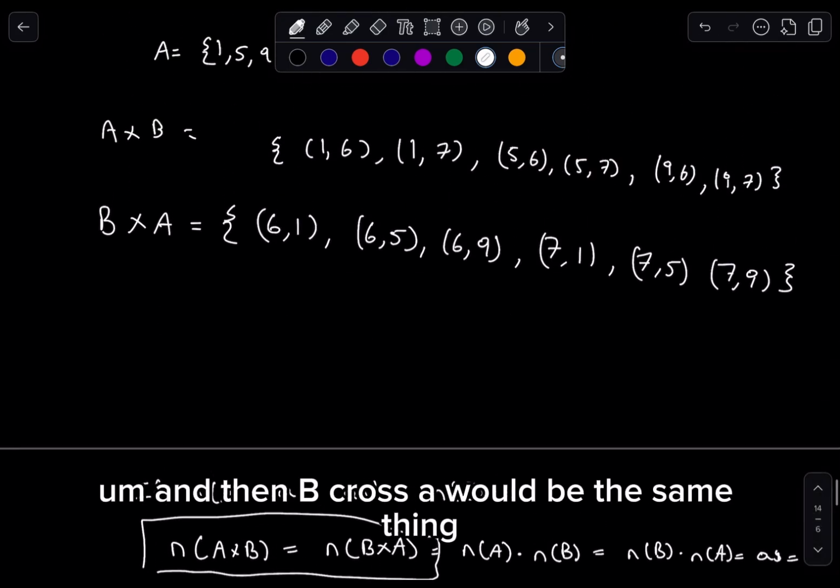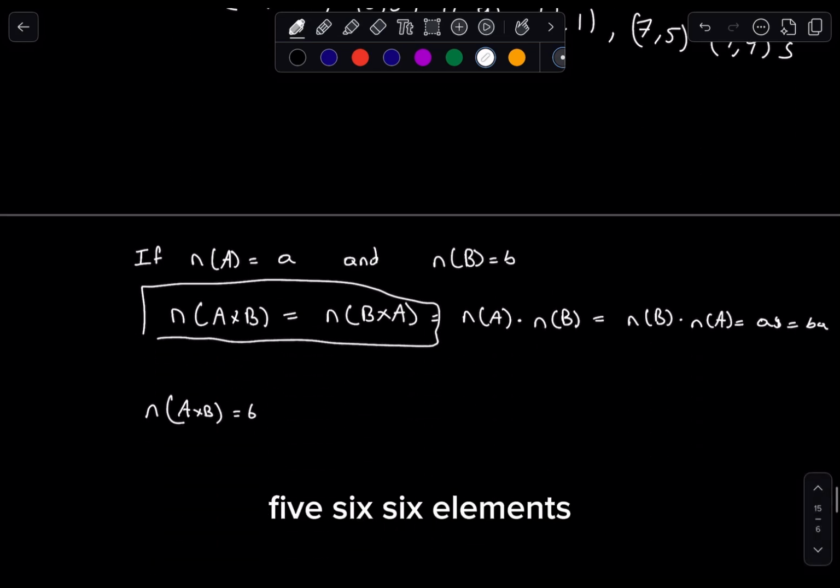And then B cross A would be the same thing. So 1, 2, 3, 4, 5, 6. 6 elements.